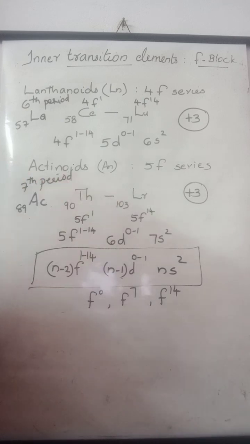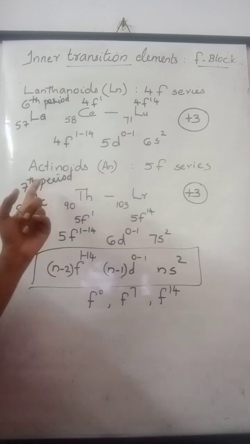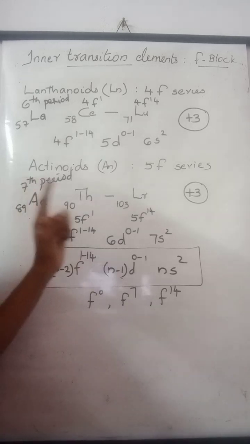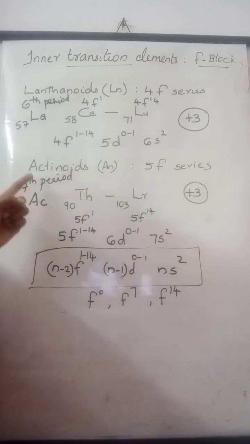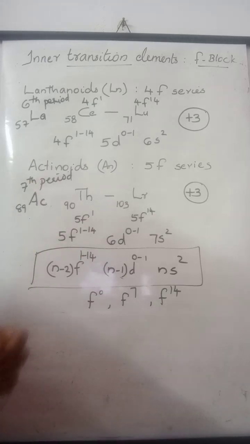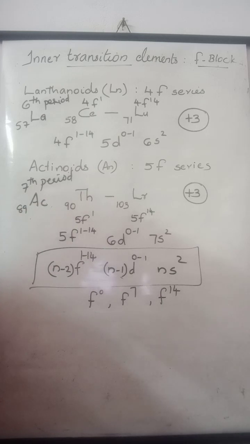The study of actinoids is complicated because of two reasons. One reason is that they show a wide range of oxidation states, meaning multiple or variable oxidation states are shown by actinoids. Another reason why the chemistry of actinoids is very difficult is that all actinoids are radioactive elements. Because of their radioactivity, their study is difficult.